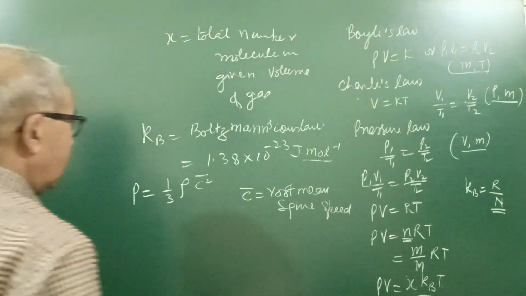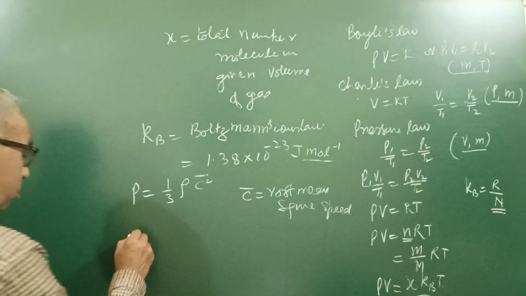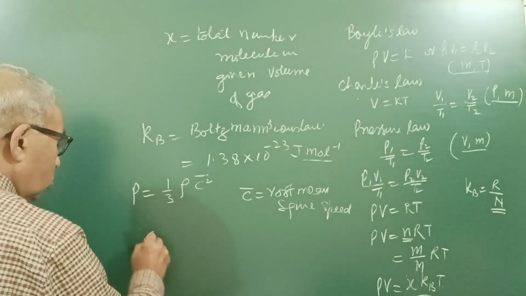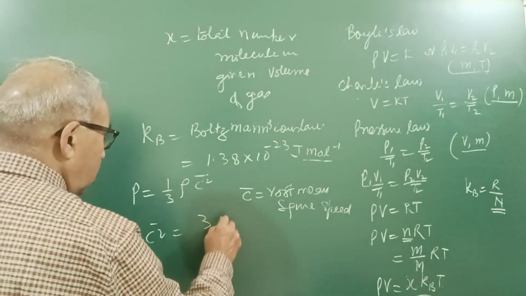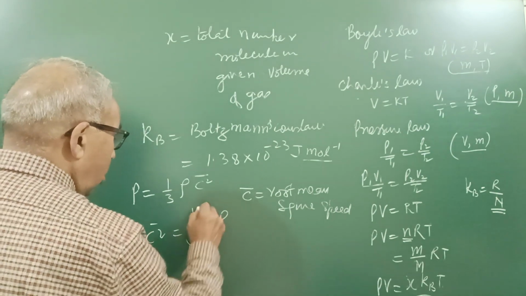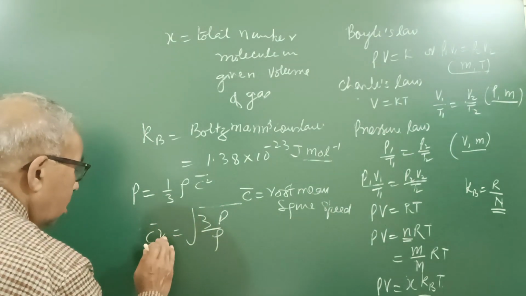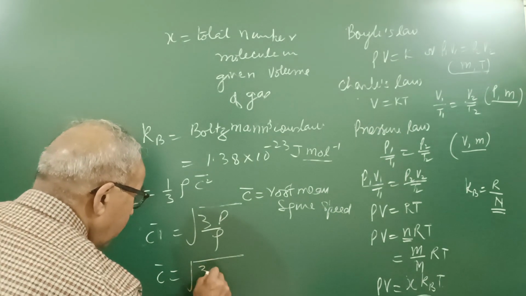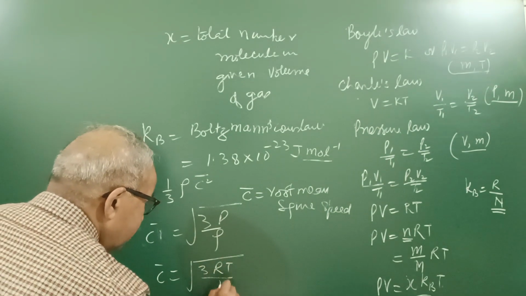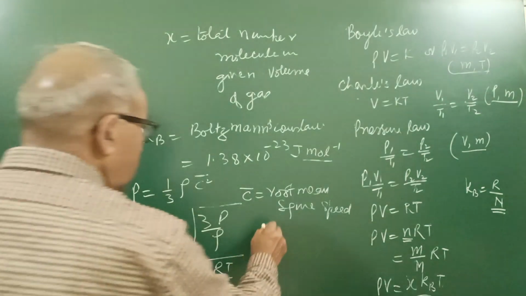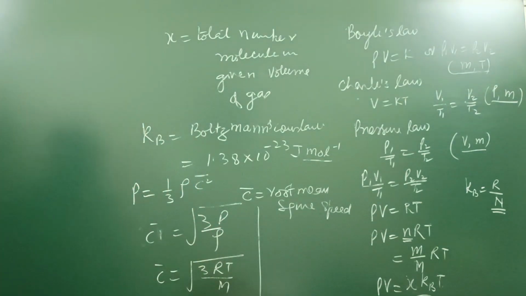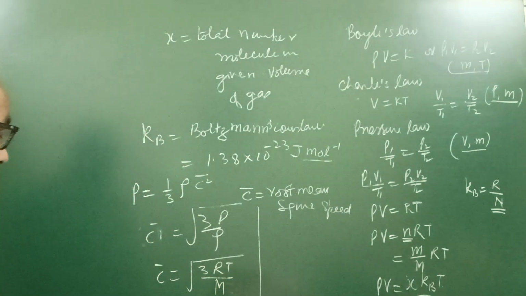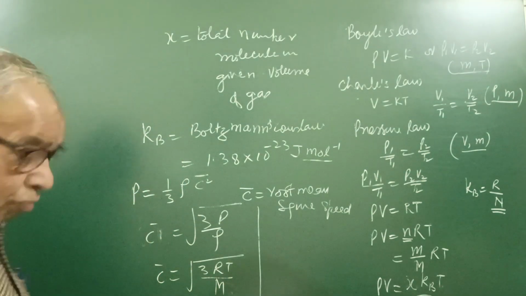Or this can also be written as C square bar equal to 3P upon rho, and C bar is also under root 3RT by M. This is kinetic theory of gases. M is gram molecular mass, R gas constant, T absolute temperature.